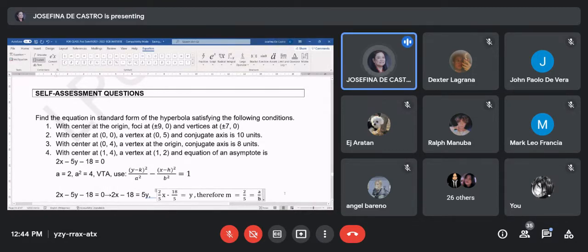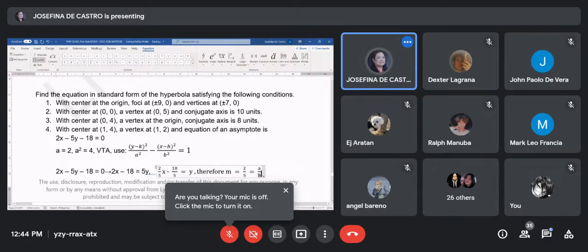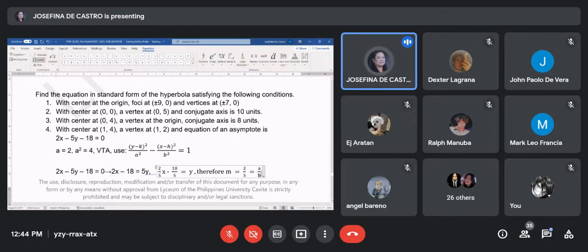Pag sinabi kong A over B, hindi ibig sabihin na A is equal to 2 and 5 is equal to B. Hindi ko pwedeng i-assume yon. Okay? Kasi pwedeng ang 2 over 5 ay galing sa reduced form. Pwedeng 10 over 25 galing yon.